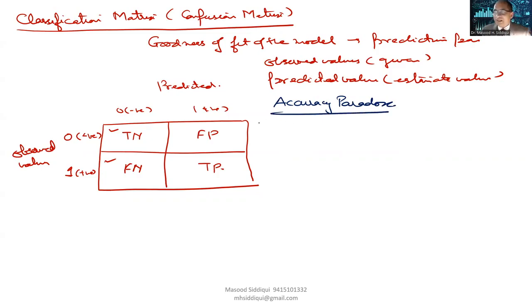Suppose we are predicting whether a person is a loan defaulter. That is the main objective.